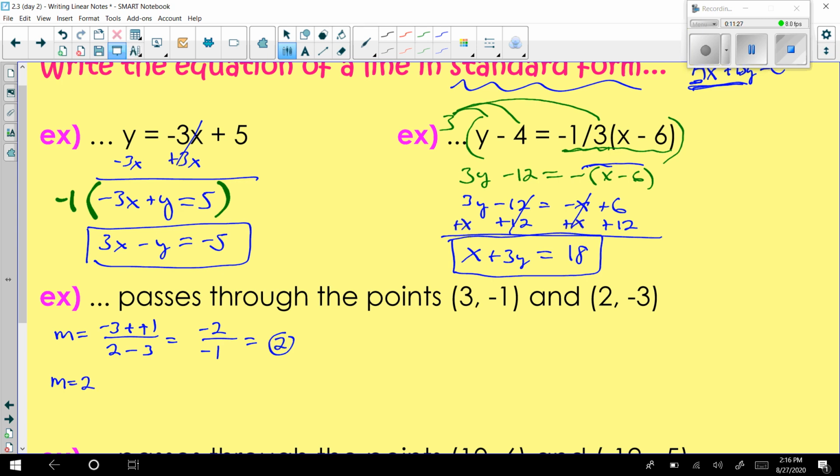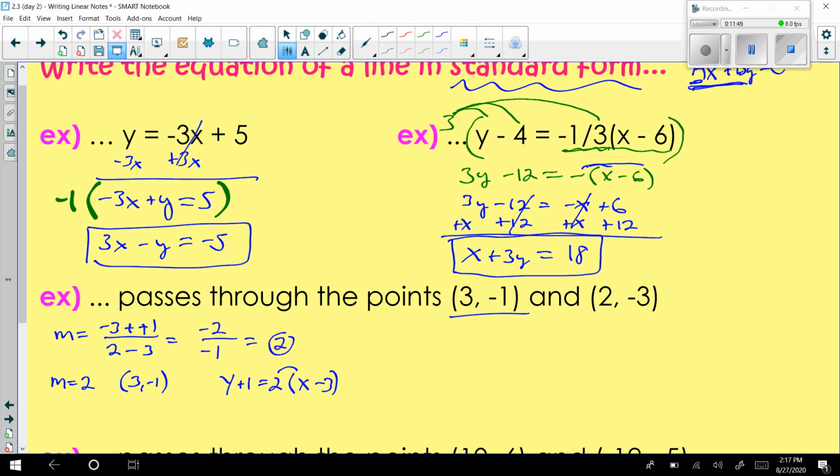And let's see, I'm going to pick this first point to use, which is 3, -1. Now I have a slope and a point, so I'm going to put it in point slope form. Y minus a -1 is y plus 1 equals 2 times the quantity x minus 3.